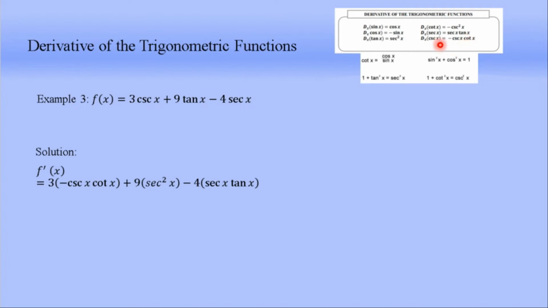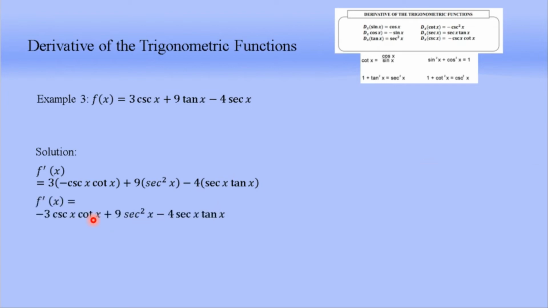So we had negative cosecant x cotangent x. So that is the derivative of cosecant x. Plus 9 times the derivative of tangent x, so we have secant squared x, minus 4 times the derivative of secant x, which is secant x tangent x.